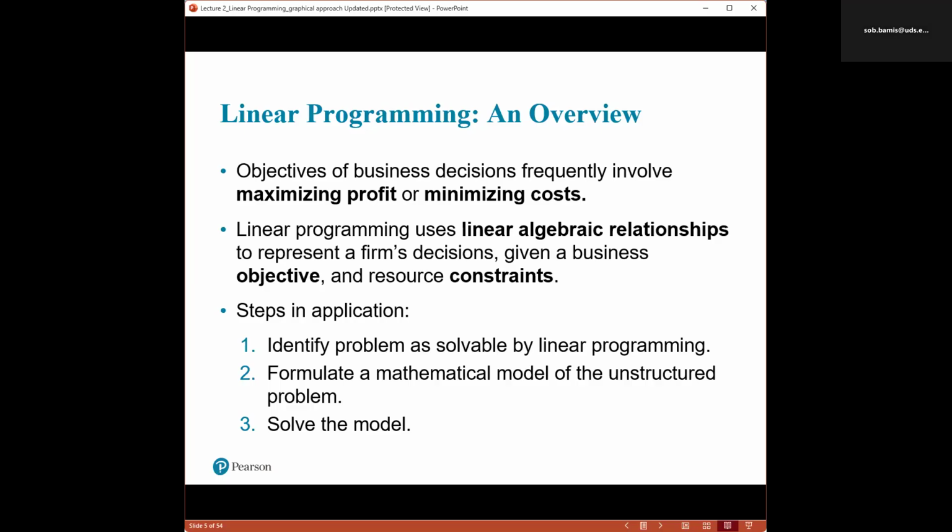Now, it is very important for you to understand the story, because the linear programming problem will usually be presented to you in the form of a story. That's where the first stage starts, with observation. Observe the problem and identify it. Okay.